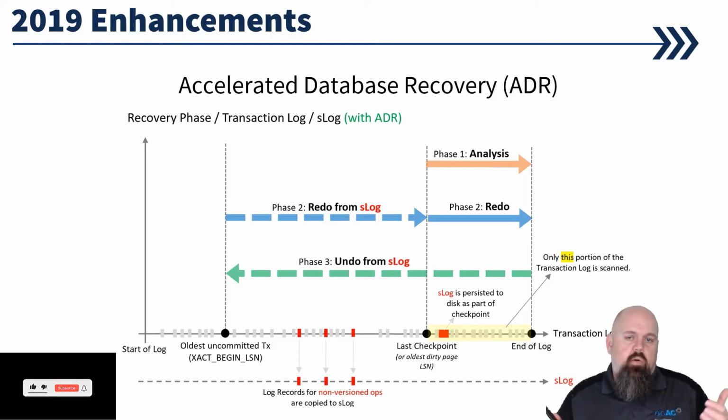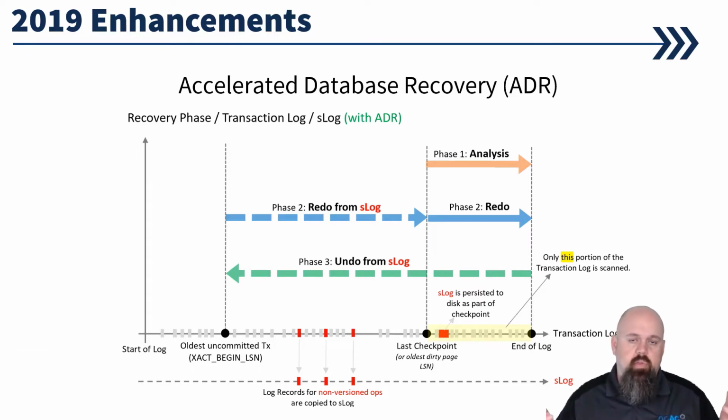If you've been a DBA for quite some time, you might have run into a problem where you have a long-running transaction that's been running for 30 minutes, an hour, 12 hours, whatever duration it might be, and then you have to cancel it and roll it back.